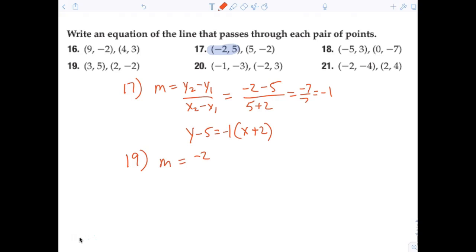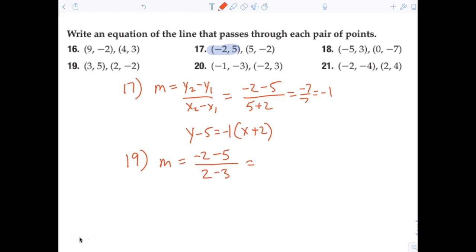Negative 2, then what? Here's what I want you to say: negative 2 minus 5 over... and then you do 2 minus 3. There you go. Less words is better.